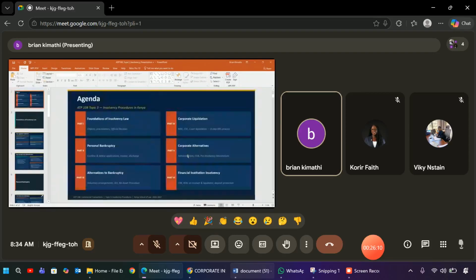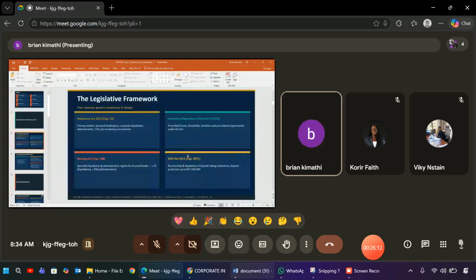It's another whole thing. So we have part 1, the legislative framework. We stated the 6 statutes that we are relying on. That is the Insolvency Act, the primary statute for personal bankruptcy, corporate liquidation, administration, CBA, and pre-insolvency moratorium.